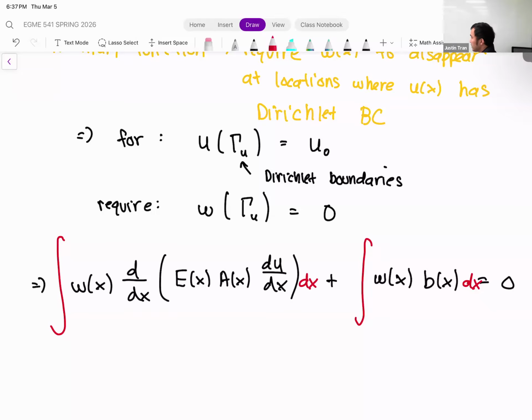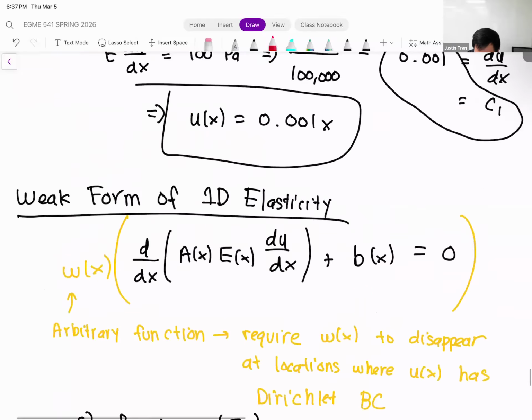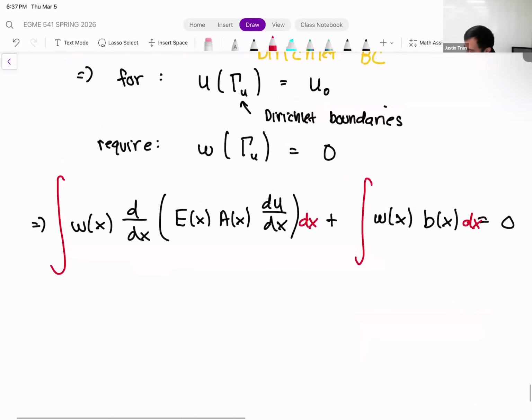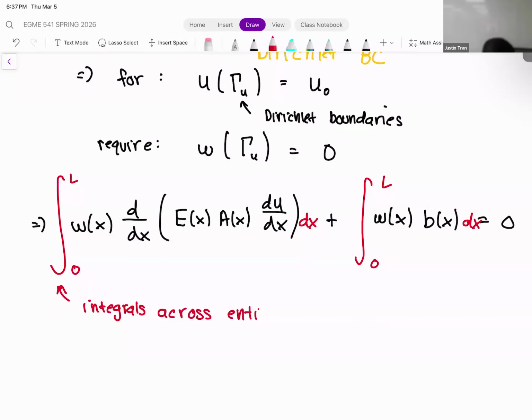And these are not generic integrals. These are not the integrals that we did in the previous problem where they had no bounds. Specifically, we're going to integrate this across the entire domain that we're looking at. And so we're going to integrate from 0 to L. So these right here are integrals across the entire domain.